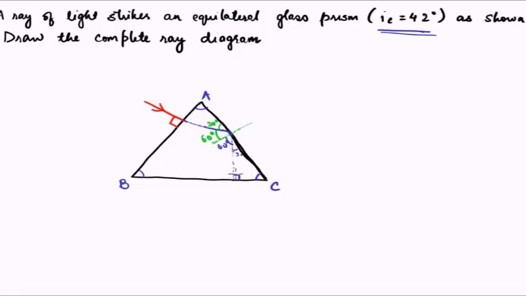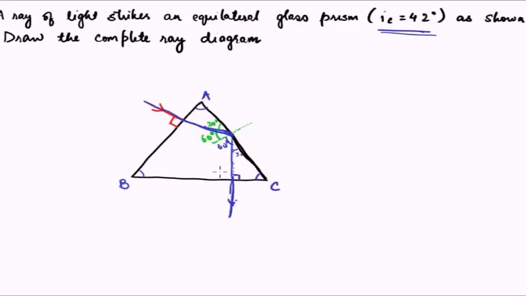Perpendicular striking means that the ray of light will traverse undeviated. So refraction will take place at this surface, but since the angle of incidence is 0 degrees, the angle of refraction will be 0 degrees and the ray of light will just pass through undeviated at the surface BC. Therefore, the ray of light strikes here, undergoes total internal reflection at 60 degrees, and as a result it strikes this surface perpendicular and keeps going undeviated.